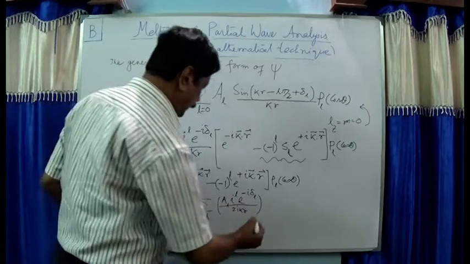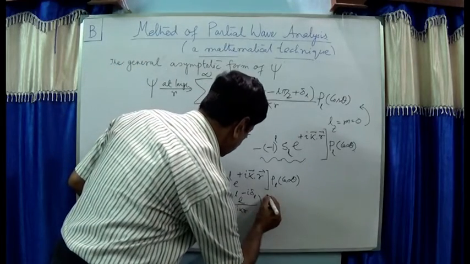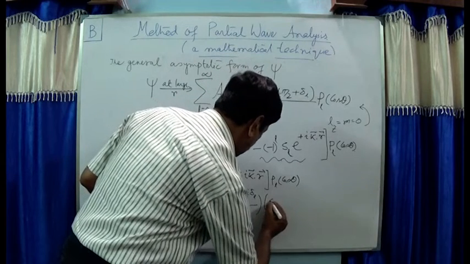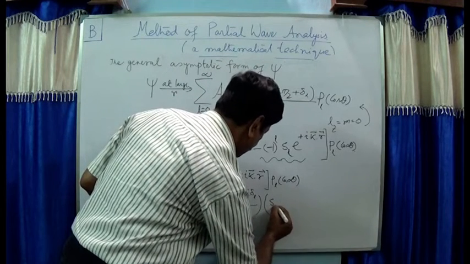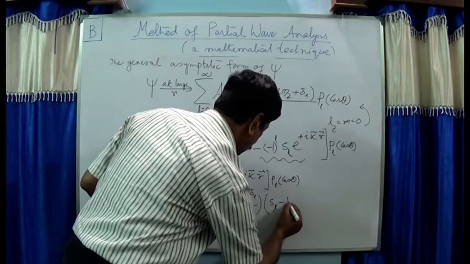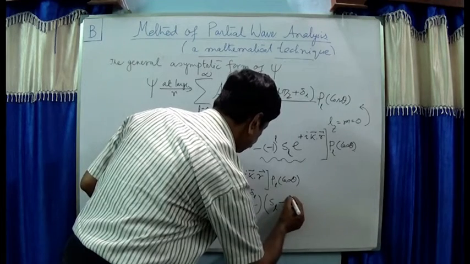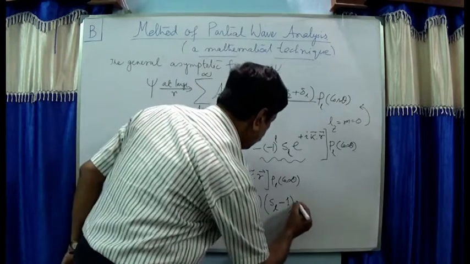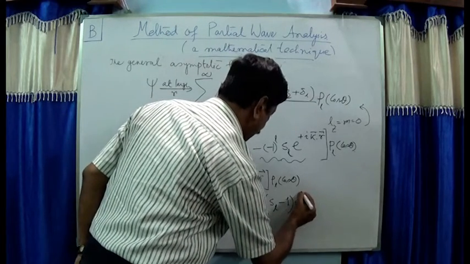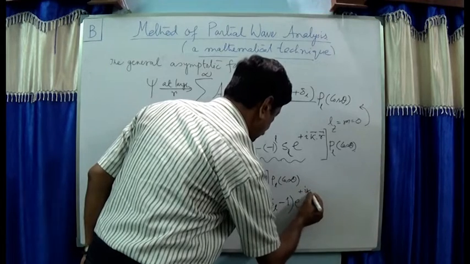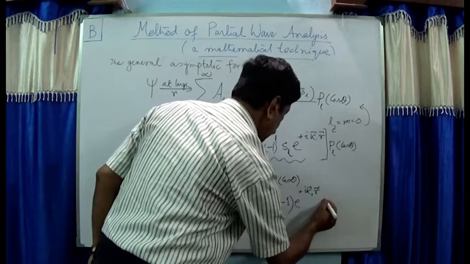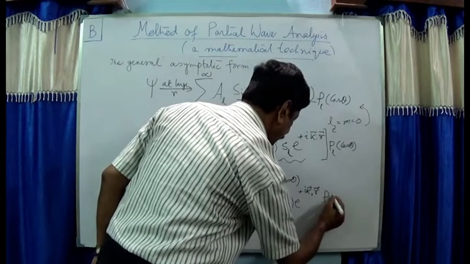It will remain as it is, into S_L, minus 1 to the power plus i k dot r, P_L cos theta.